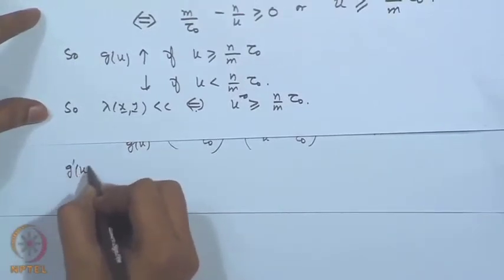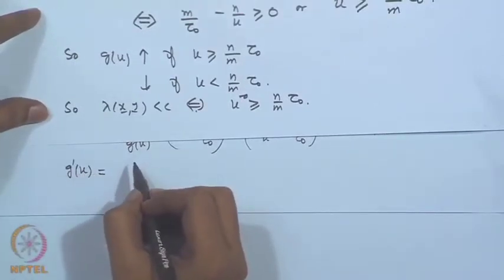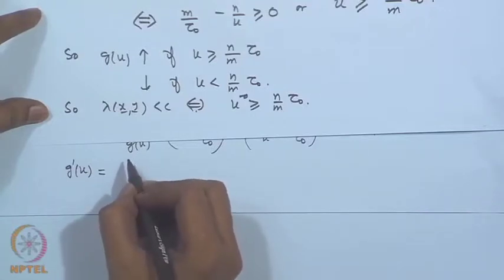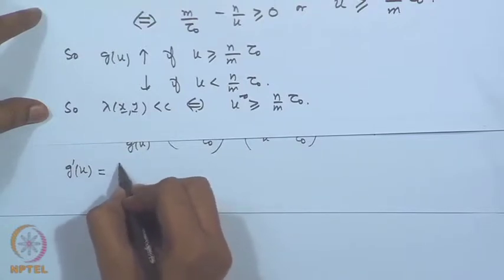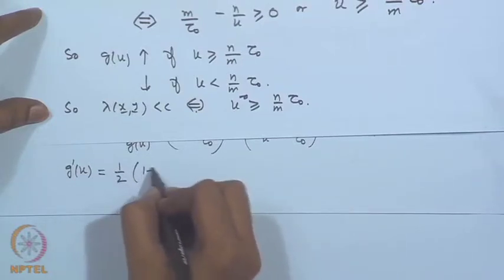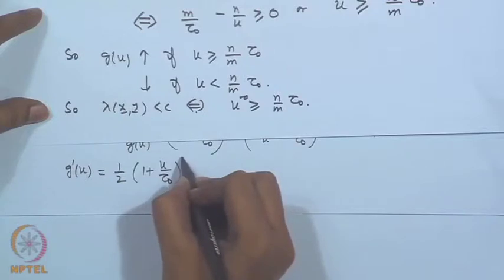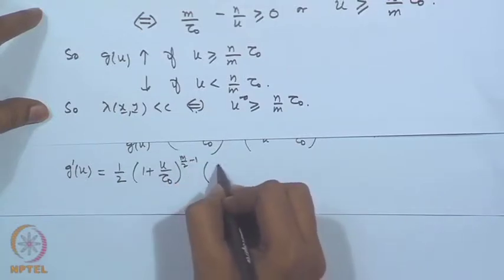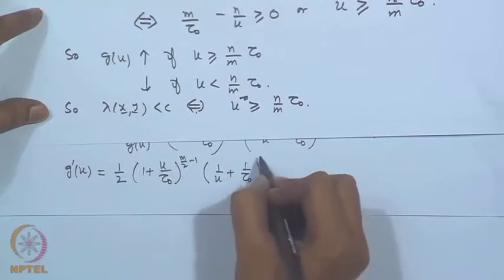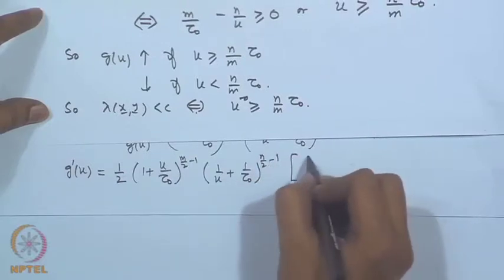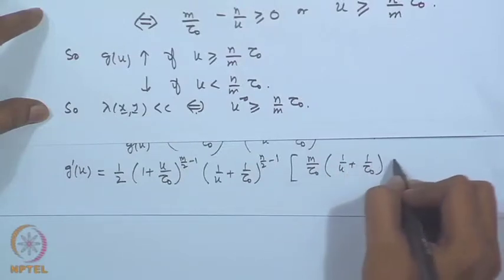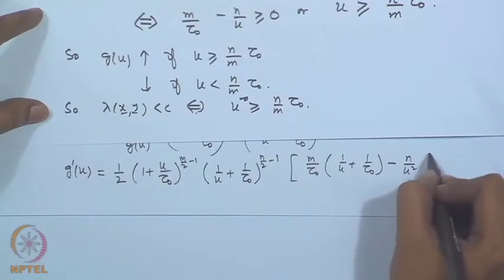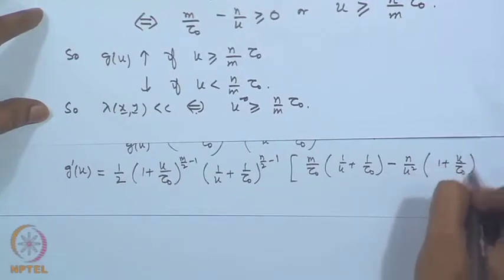We obtain G prime u is equal to some term which is equal to half of (1 plus u by tau naught) to the power m by 2 minus 1, (1 by u plus 1 by tau naught) to the power n by 2 minus 1, times (m by tau naught into (1 by u plus 1 by tau naught) minus n by u square (1 plus u by tau naught)).